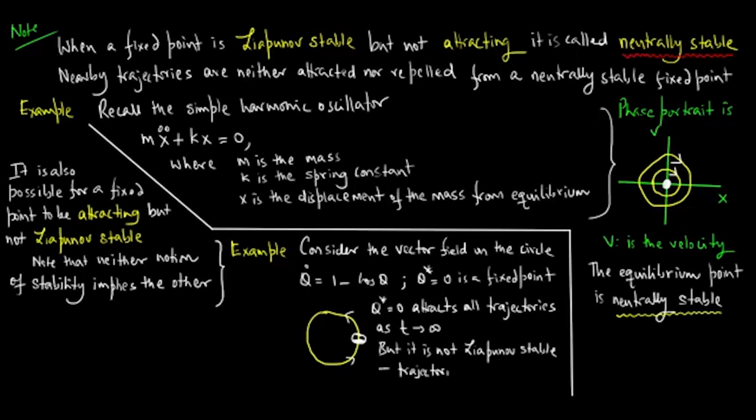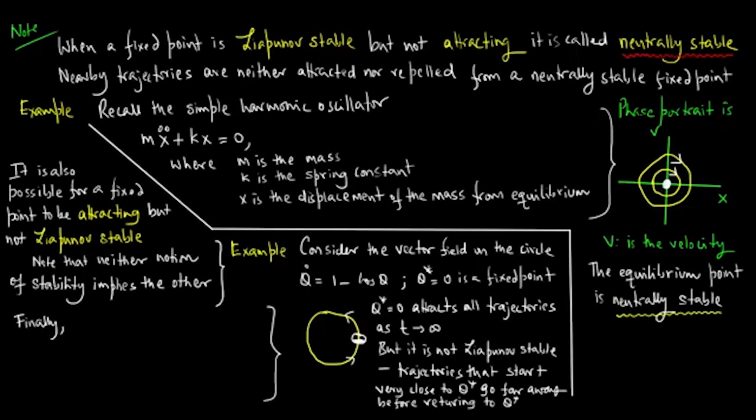Trajectories that start very close to theta star actually go far away before returning to theta star. So finally, x star is unstable if it is neither attracting nor Lyapunov stable.